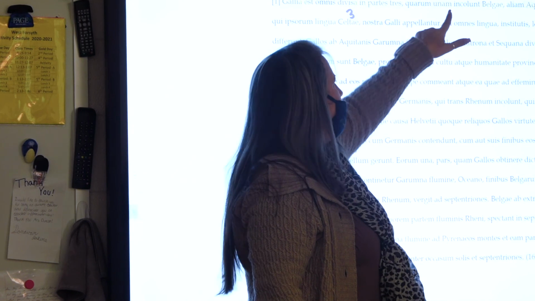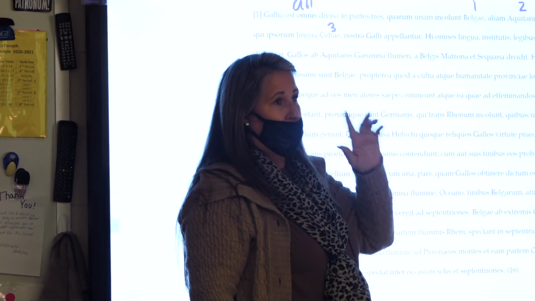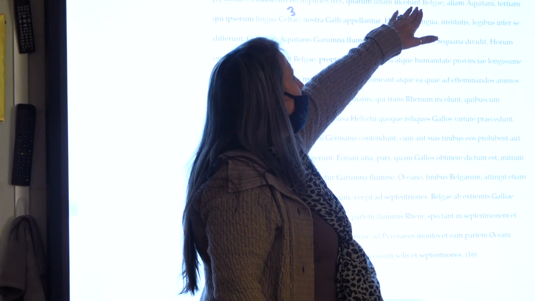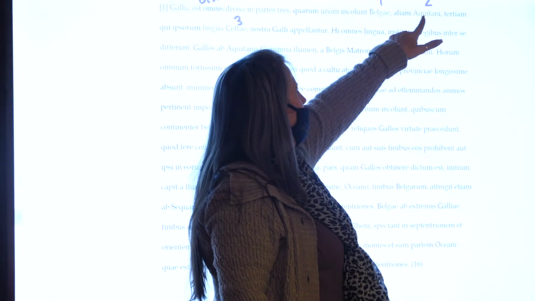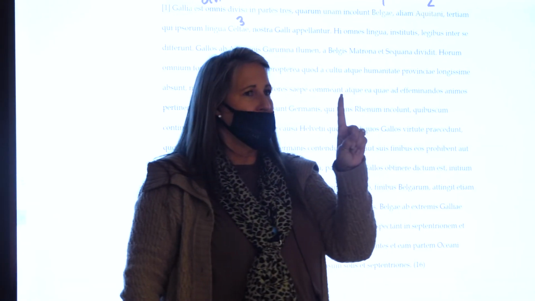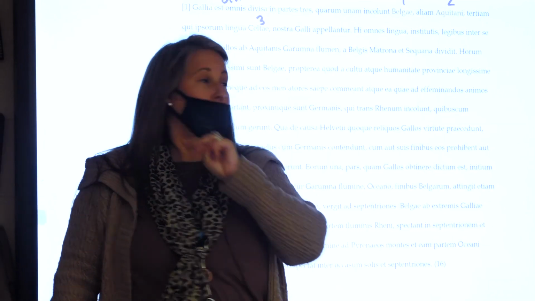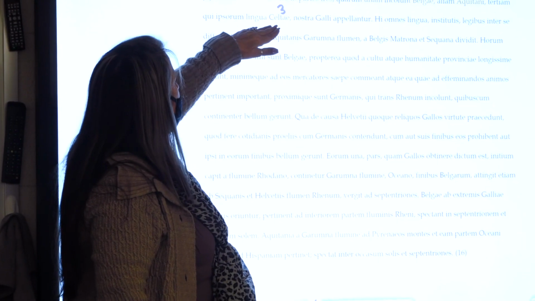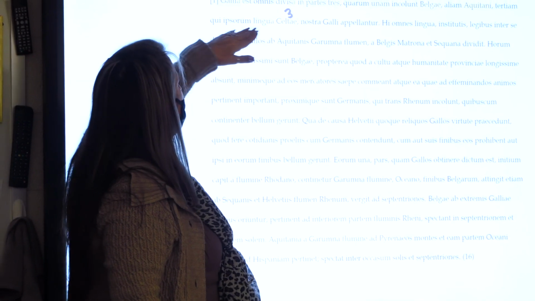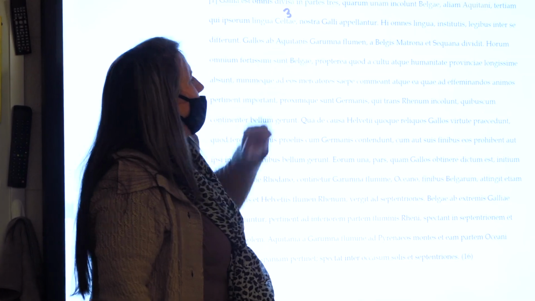The rest of it: one of which, meaning the parts, one of the parts, the Belgae inhabit. Another, the Aquitani. So one is the Belgae, another is the Aquitani. So tertium would be the third one. So the third one, of whose language, or of the Celts, in whose language we call the Gauls.